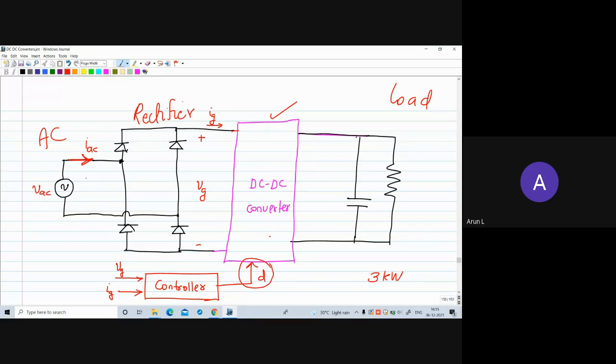We can control the power factor. So there are a lot of circuits for power factor improvement, and this particular topology is limited to 3 kilowatt. Since it is a single phase supply, we have a 240 volt supply, and maximum around 15 ampere we can draw. So it is limited to around 3 kilowatt. For higher power levels, we cannot use this idea.